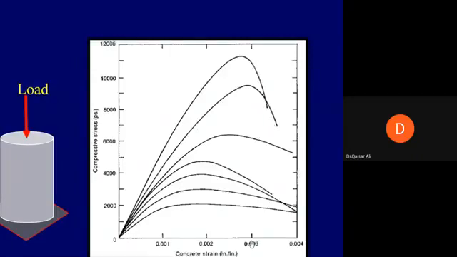And you can see that invariably the strains are from 0.002 to 0.003 to 0.004. So the range of strains is basically from 0.0025 to 0.004.